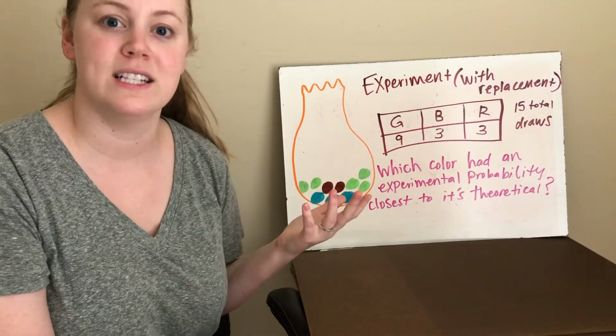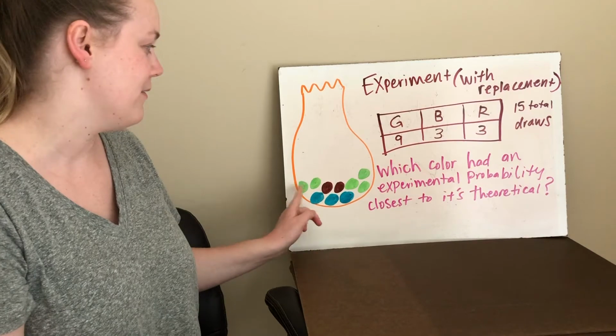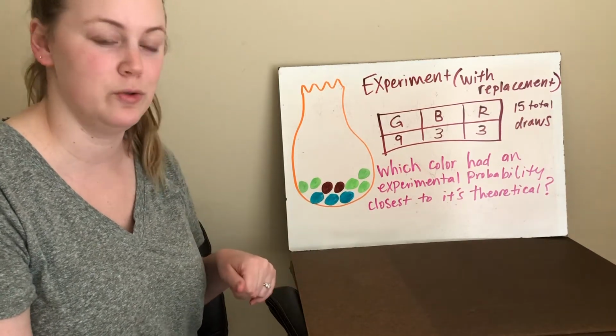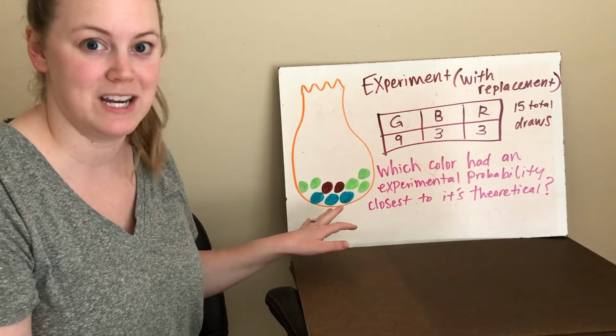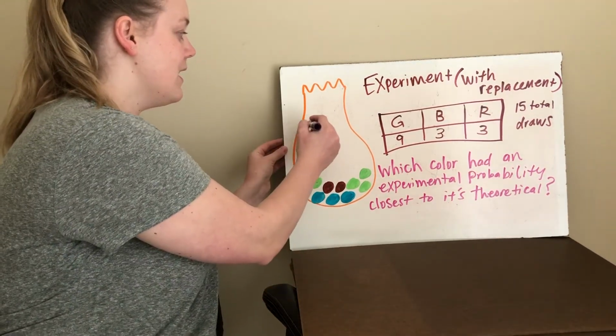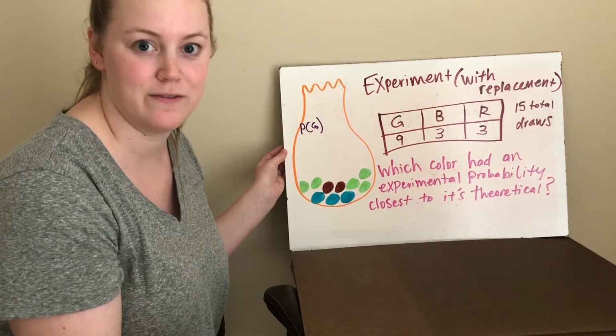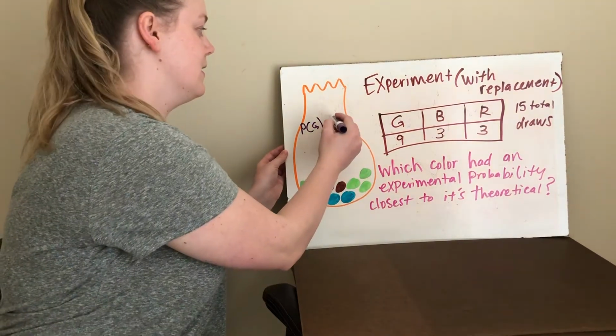Now, let's say that we have a bag and we've got some marbles in it. We have 5 green marbles, 2 red, and 3 blue marbles in here. Now, theoretically, the probability of getting a green would be 5 out of 10 because there's 5 green out of 10.